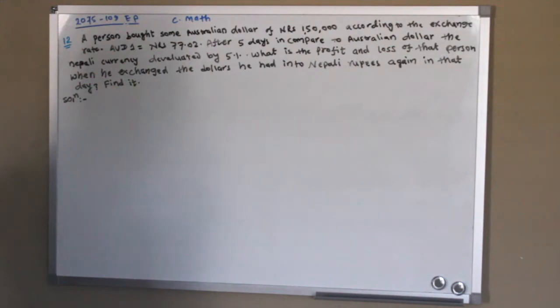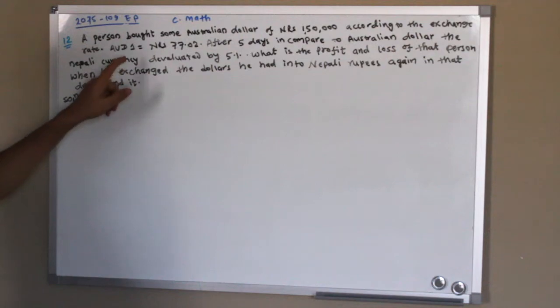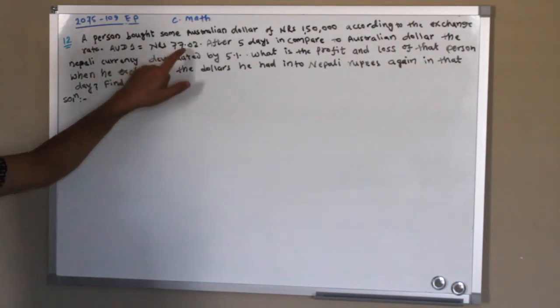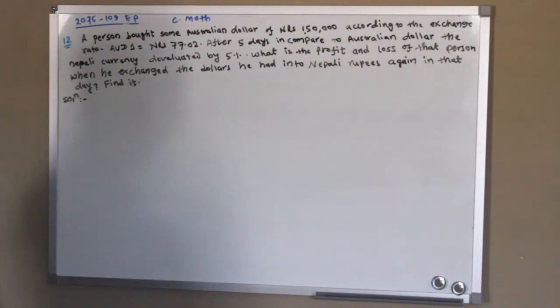According to the exchange rate on that day, he purchased at $1 equals 77.02 rupees, after the decimal point 02.